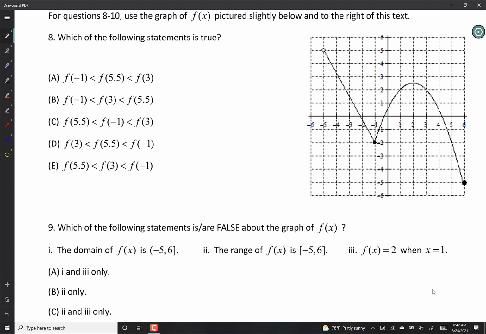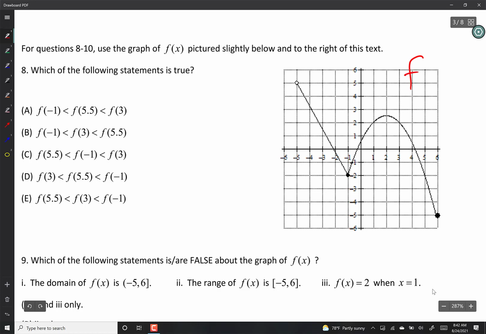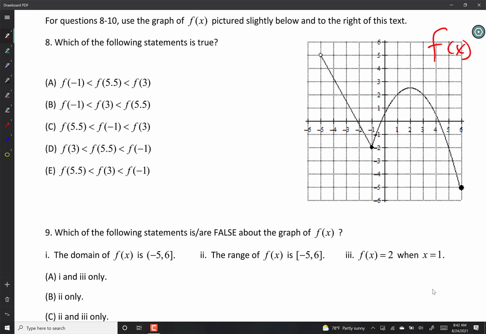For questions 8 through 10, use the graph of f of x pictured slightly below and to the right of this text. So this is f of x. Which of the following statements is true? So the numbers here on the right hand side, guys, what's smaller, what's bigger?